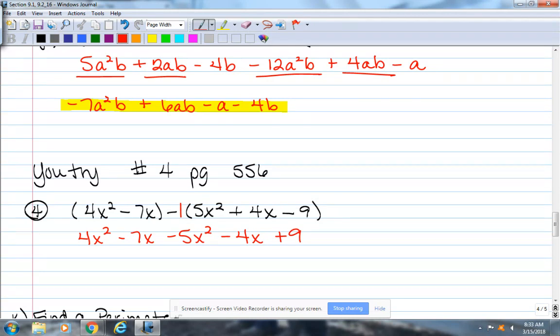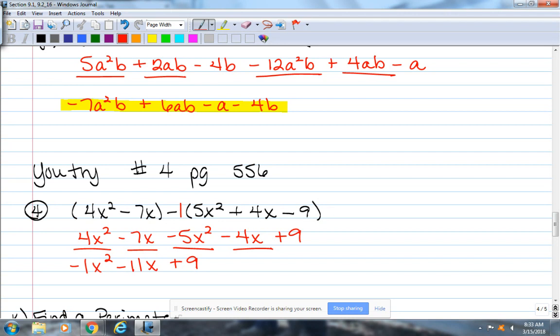Like terms, what's my highest exponent? x squared. So I've got 4x squared minus 5x squared, and that gives me what? Negative 1x squared. And then what? Yeah, negative 7x minus 4x is negative 11x. Am I done? What do I put? So raise your hand if you got that for your answer.